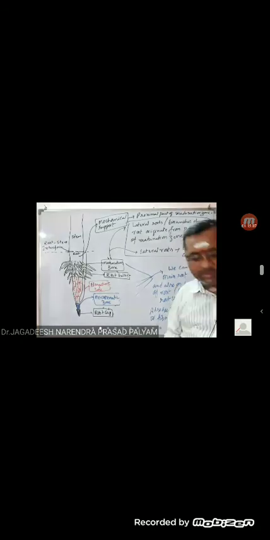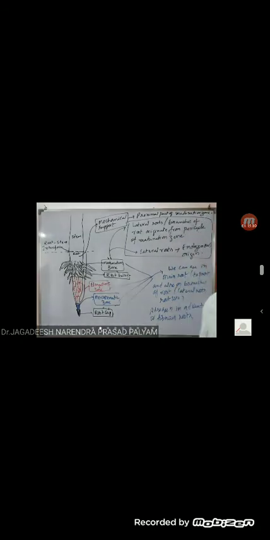Got it? Someone is asking me for an example. I am telling the structure of the root. Root is seen in all plants. How can I tell you an example? All plants are examples. So funny people. All plants have roots. All terrestrial plants have roots. So every root has the same structure.